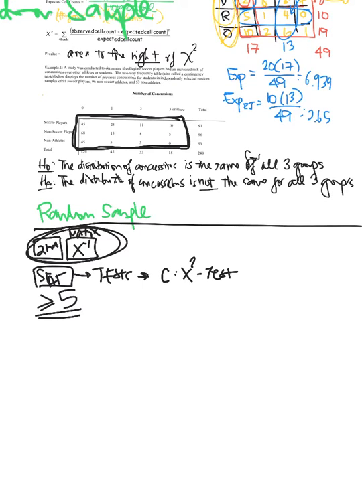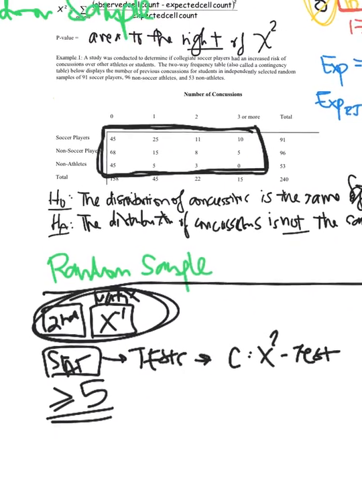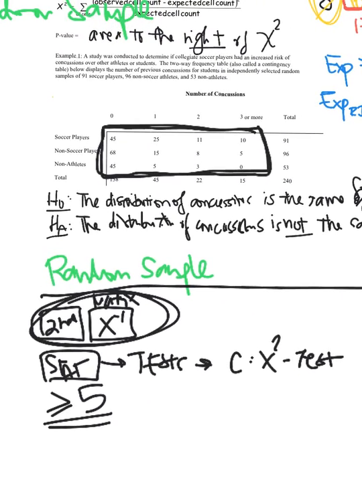All right. So at this point, we actually need to fix the problem. We're not going to give up. We're going to fix the problem. So how you fix the problem is you can actually combine columns or rows to make it so that those expected counts are greater. So in this example, since these last two are the ones that cause the problem, I'm going to combine these two columns together.